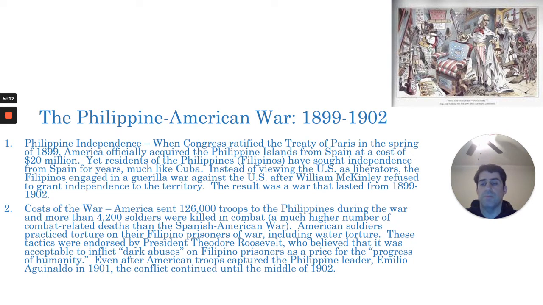It was tactically a guerrilla war in which the normal rules of warfare were not followed. It was insurgent Filipino forces attacking the U.S. whenever they had the opportunity to.